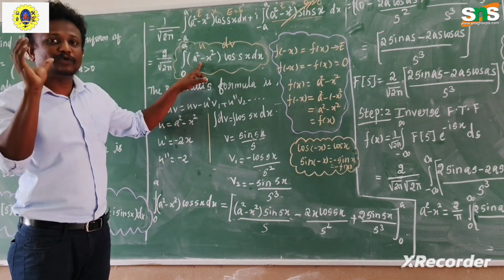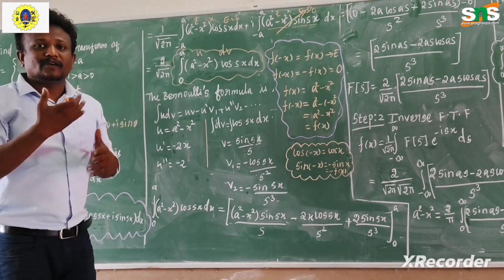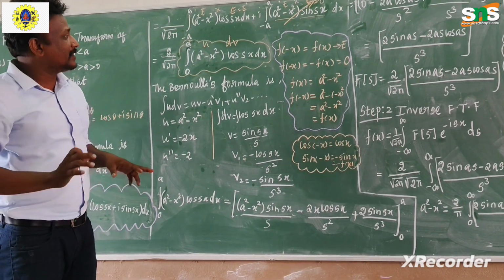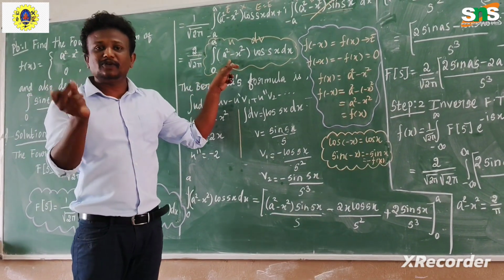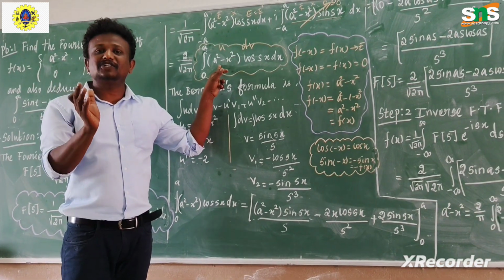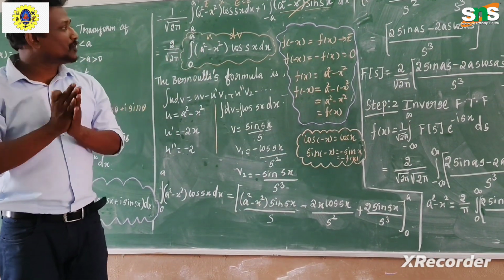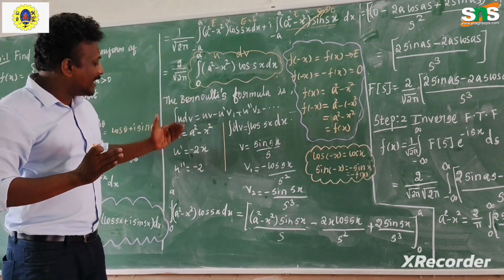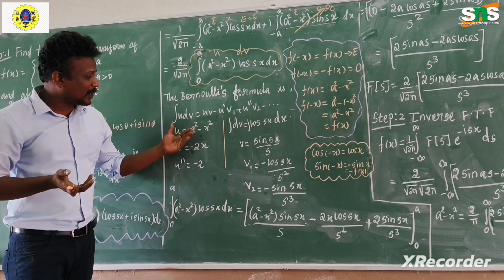What term is easy to differentiate has to be treated as u, because only that will give 0 at some point of differentiation. So the condition to choose u is, when you differentiate your u, you should get 0 at some point of differentiation. In that aspect, you have to choose your u, right? So if I choose this one, definitely I will get 0 at some point of differentiation. Let's see how it works.